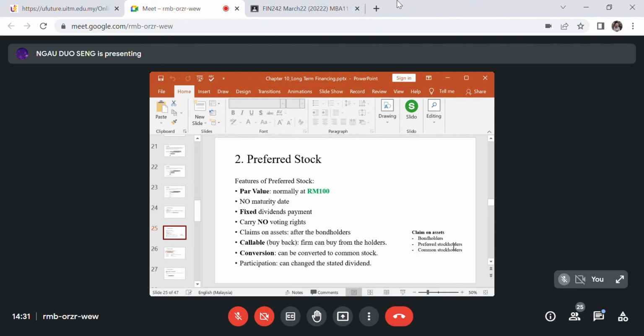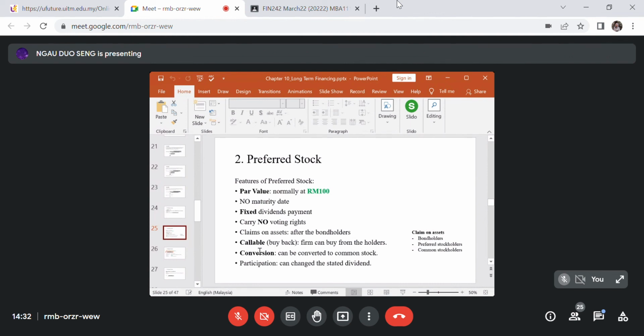Kalau masih ada lagi, then lastly, only the common stockholders akan claim asset. So kalau preferred stockholders dia sudah claim habis, meaning sudah tak ada asset boleh claim. So common stockholders dia tidak akan dapat apa-apalah. So this one is the kepentingan untuk claim atau keutamaan yang diberi kepada preferred stockholders, dia claim sebelum common stockholders, right? Tetapi selepas bondholders.